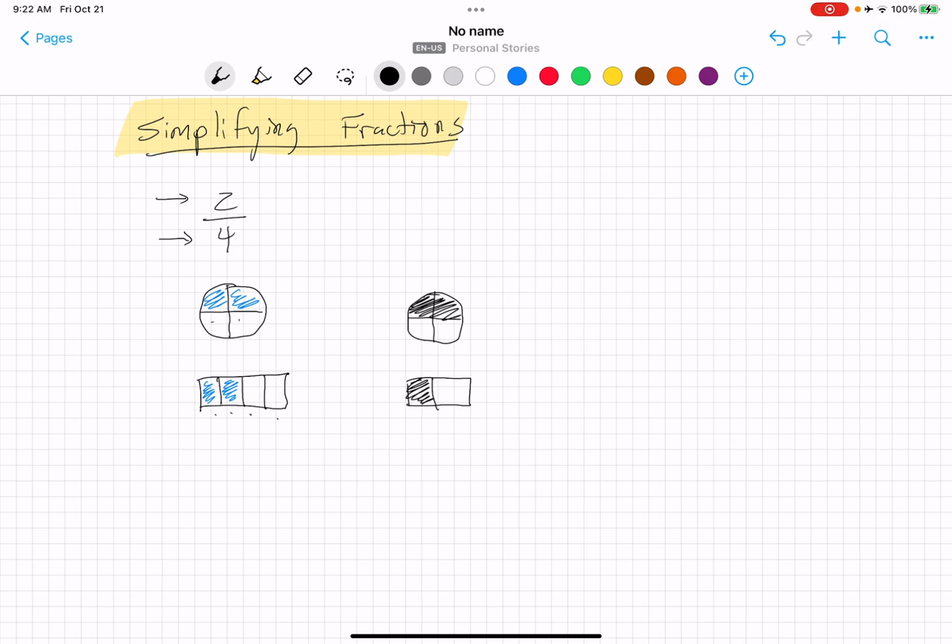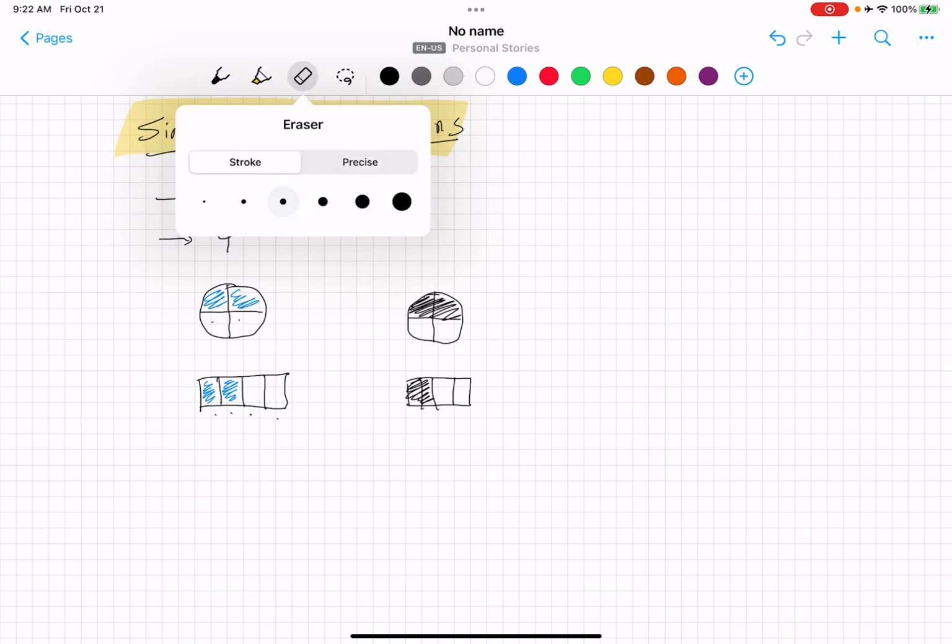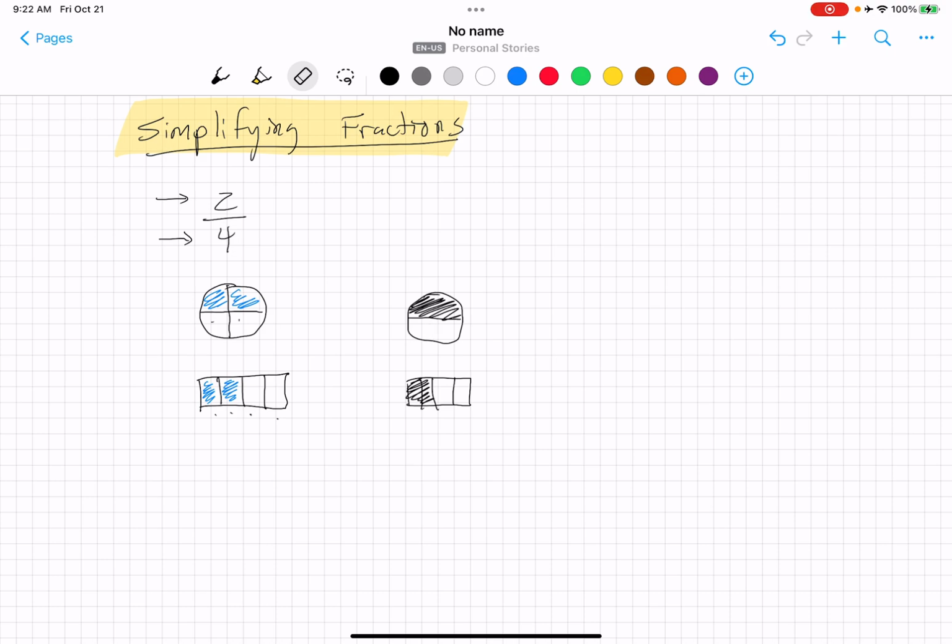Well, we can see what I've done is I've split up these pieces. But if I decide to remove that middle section, it all of a sudden looks like something else. So although these are similar, there's a different name for these fractions.